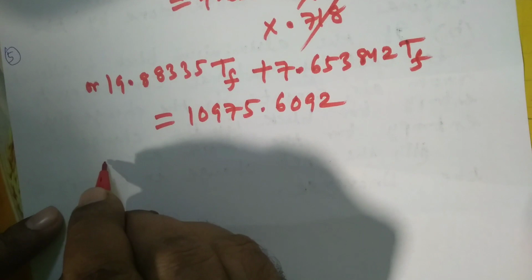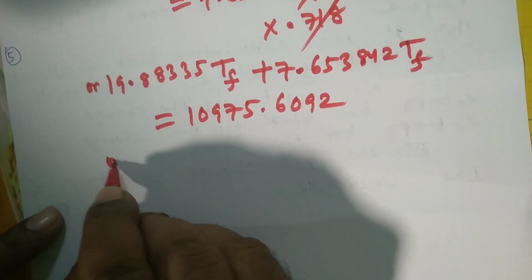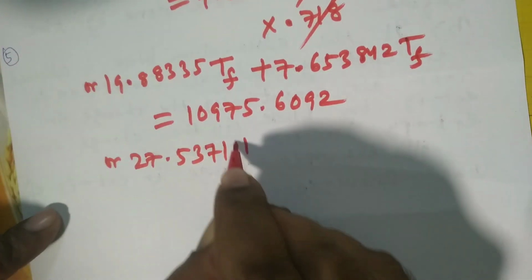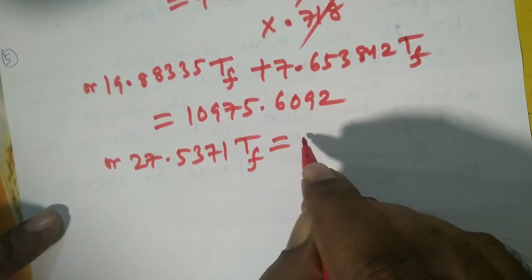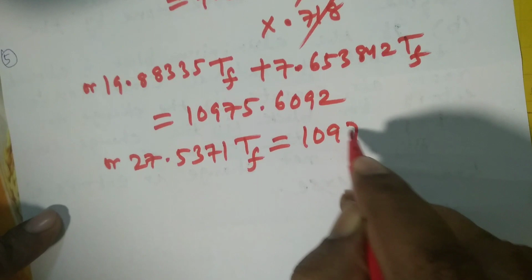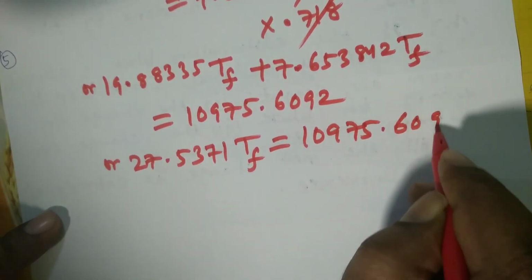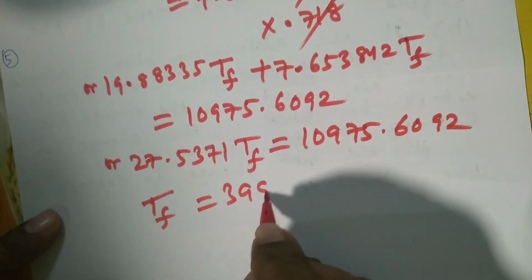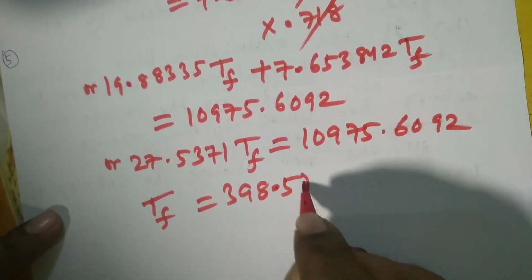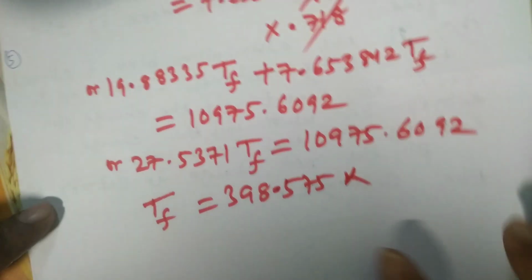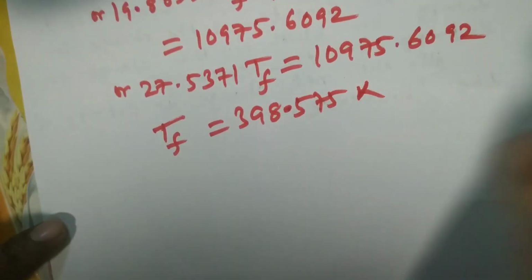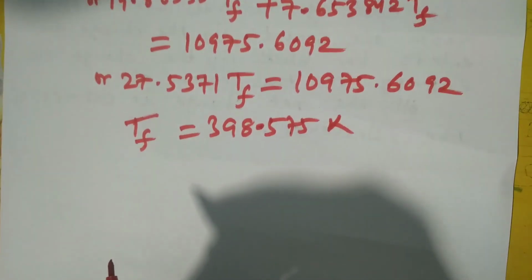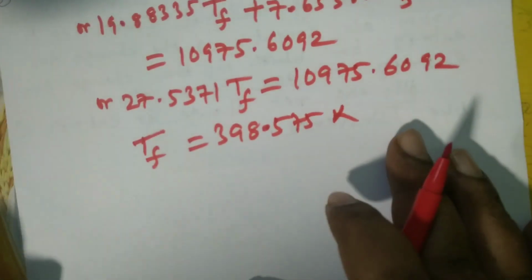From this, 27.5371 TF is equal to 10975.6092. TF is equal to 398.575 Kelvin. So we can obtain the final equilibrium temperature after the air in the two vessels has mixed with each other.